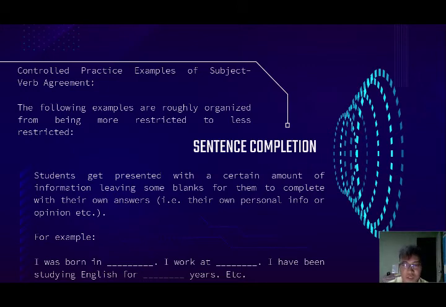This is because the aim is to allow the students to move from a restricted approach to a freer practice. So we have here an example. I was born in blank. The students would just think of any answer, or it could be their actual birthplace.